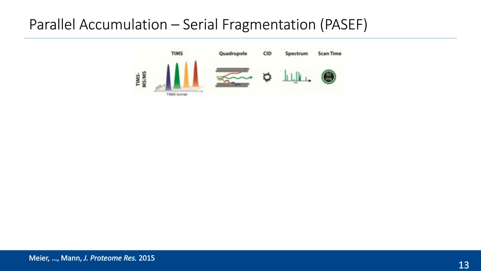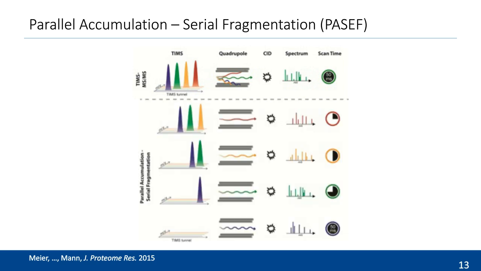This is what we call the PASEF principle. And the idea is that the quadrupole quickly jumps from one m/z to the next m/z as the ions elute from the TIMS device. So instead of selecting one green ion for the entire TIMS scan time, we would now quickly jump in between the masses, and in this way select multiple precursors in a single scan.